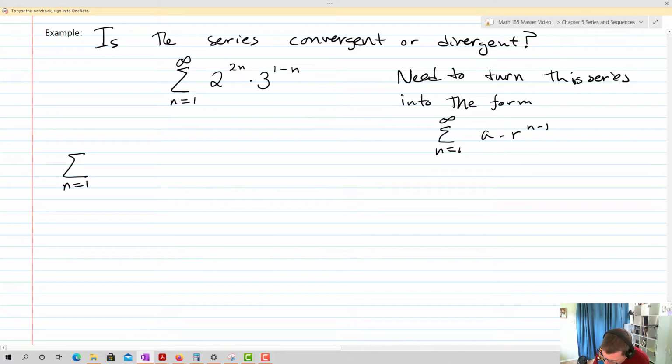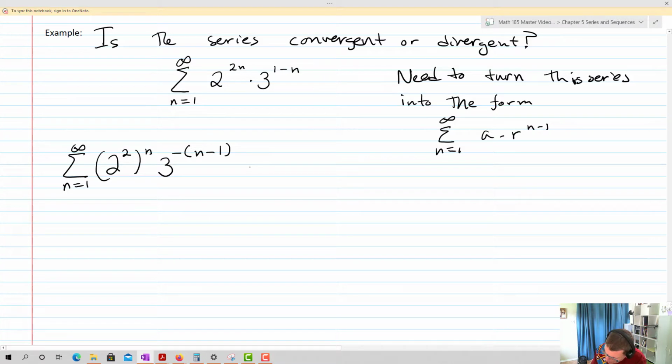So I have n equals 1 up to infinity, and 2 to the 2n, so I know that's going to be 2 squared, and I'm going to make that to the n. So now I've pulled out the squared, and this 3 to the 1 minus n, I have a trick for this. This is going to be the negative of n minus 1.